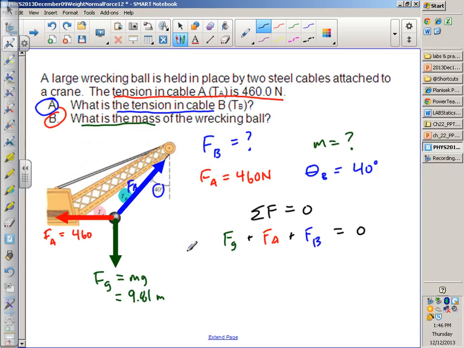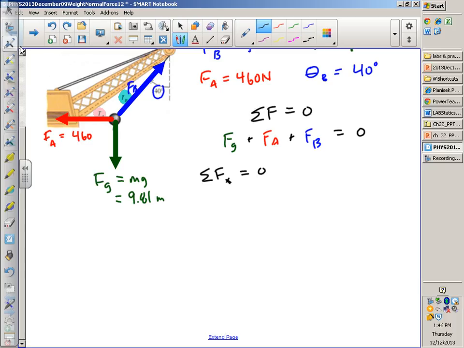So we said when that's the case, if we can't just add up the numbers, vector addition tells us that we can take a look at each axis separately. If we look at the x-axis and have equilibrium on the x-axis, and then if we look at the y-axis and have equilibrium on the y-axis, then overall we have equilibrium.